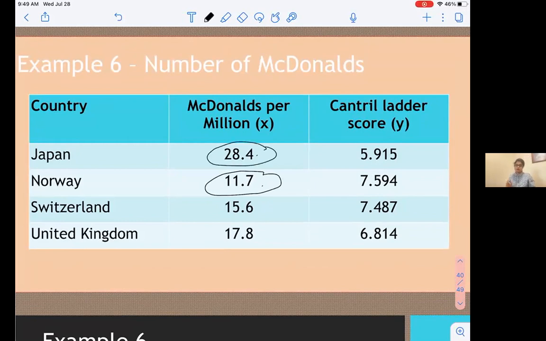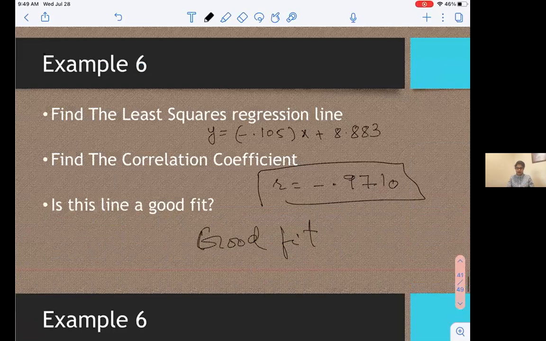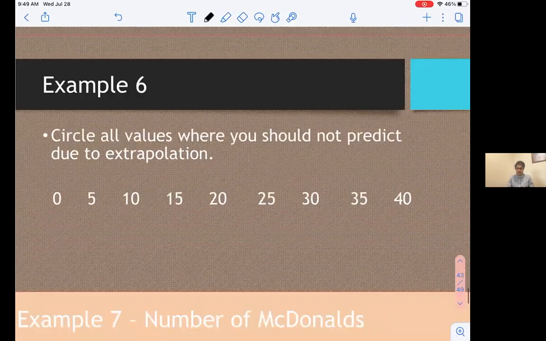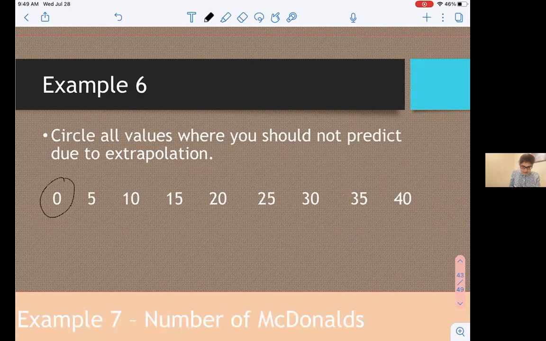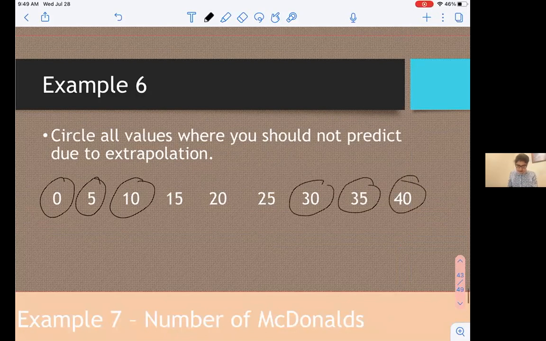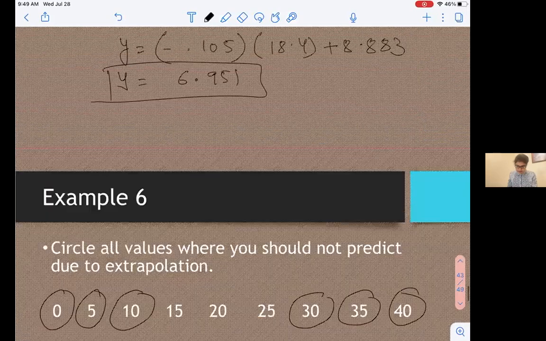Any value less than 11.7 or greater than 28.4 is not a good fit, and you should not predict for those values of x. So 0, 5, 10, 30, 35, and 40 are not a good fit.